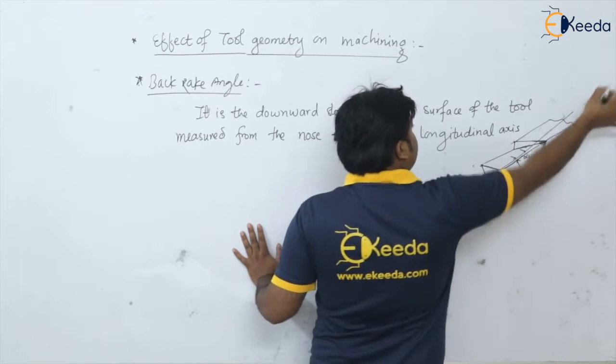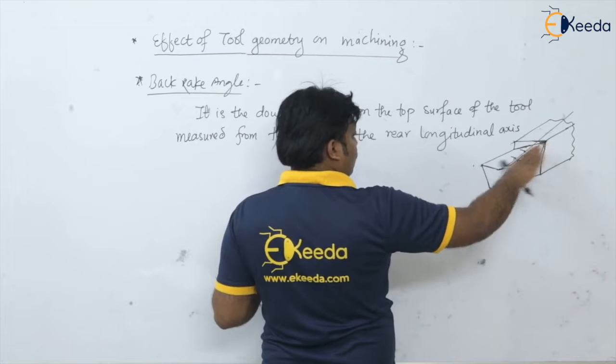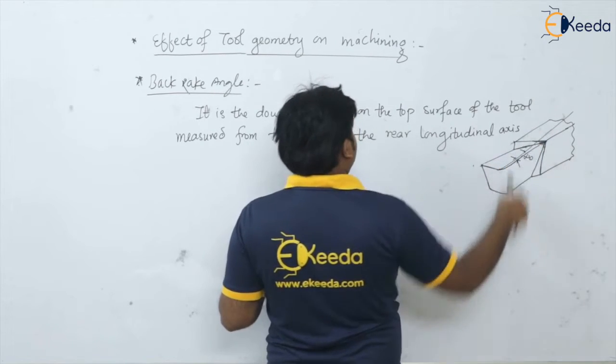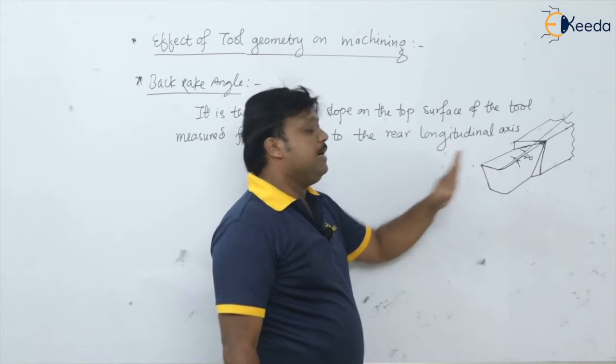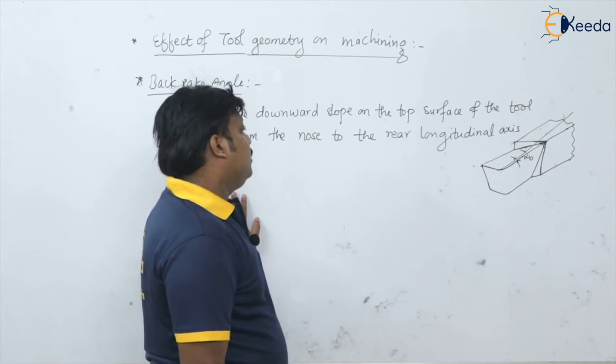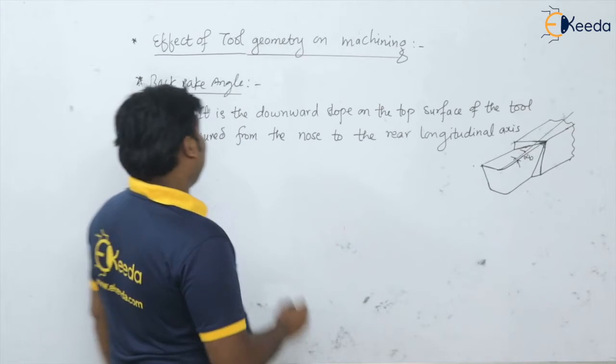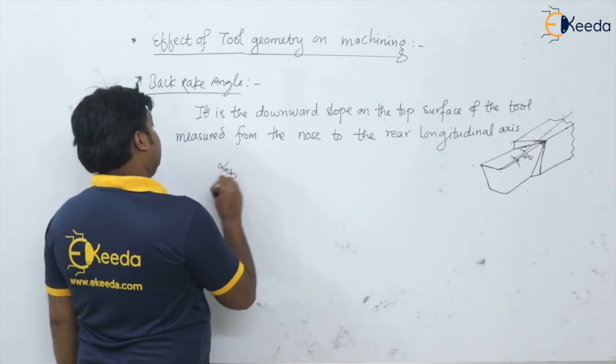Starting from the nose to the longitudinal axis, whatever this downward slope we are having, that slope is nothing but this back rake angle. Okay, so this back rake angle, say alpha b, is our back rake angle, isn't it?